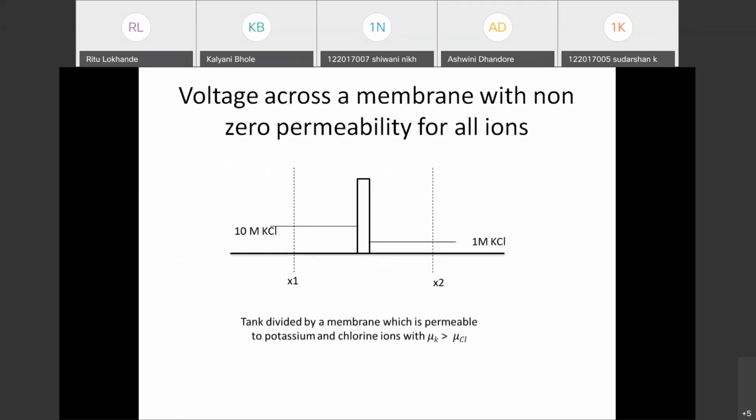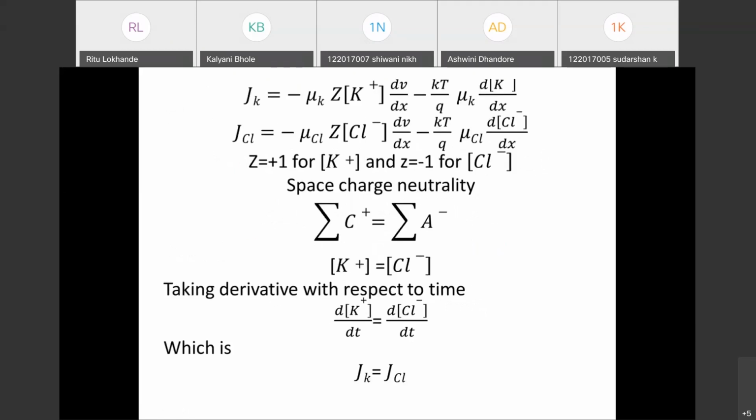We'll again revise it. We have considered a tank which is divided by a membrane which is permeable to potassium and chloride ions, with mu K greater than mu Cl. Then this is the total flow rate from Ohm's law and Fick's law for K plus. Similarly, the flow rate for Cl minus.